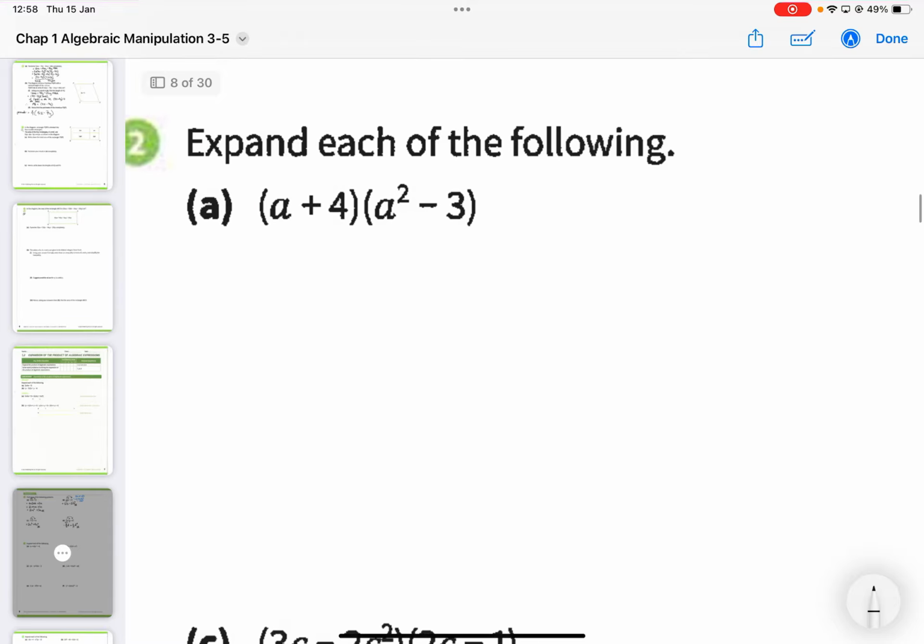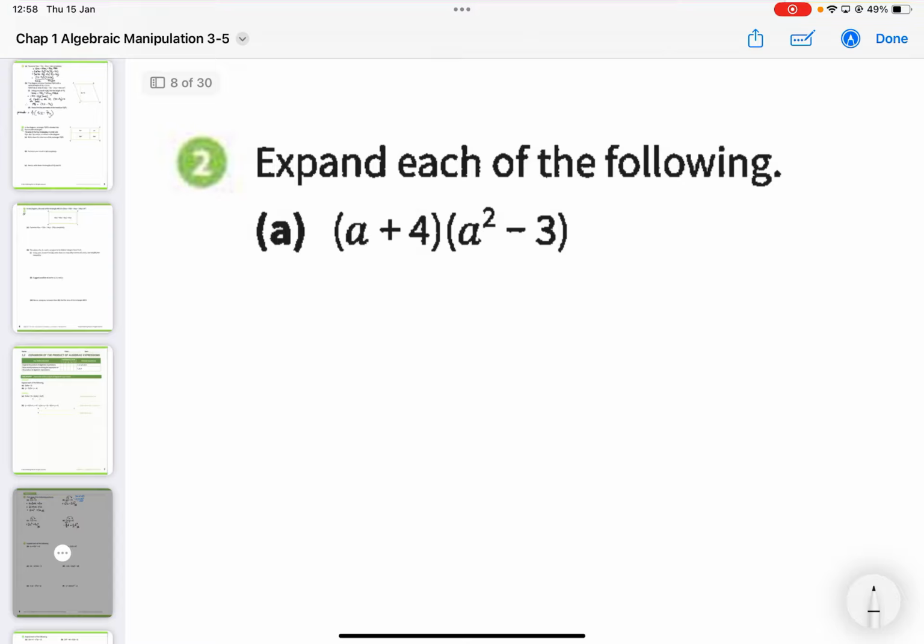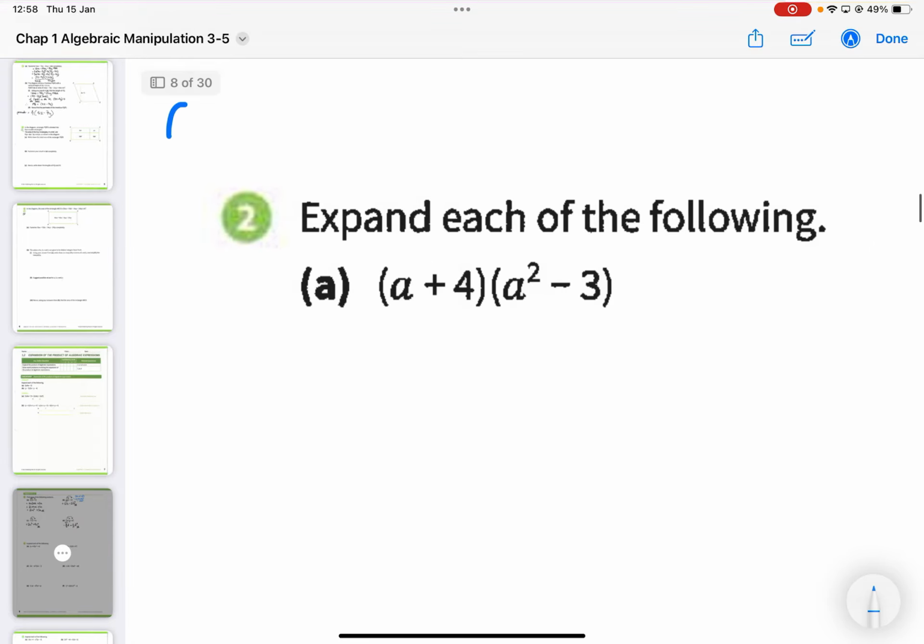Okay, then we come to question 2. This one is a bit like what I told you just now, when I talked about the expansion, when we finally change to (A plus B) times (C plus D).